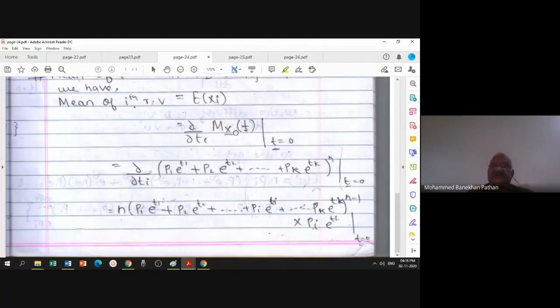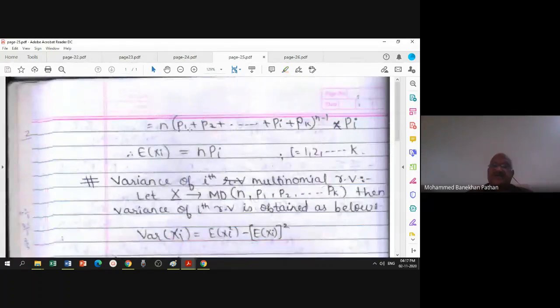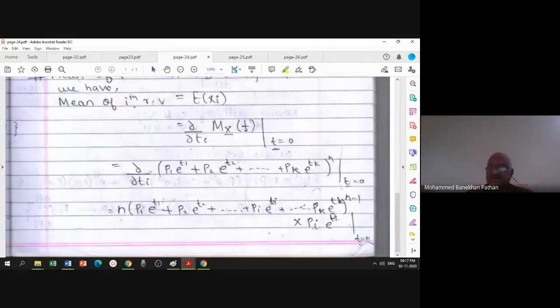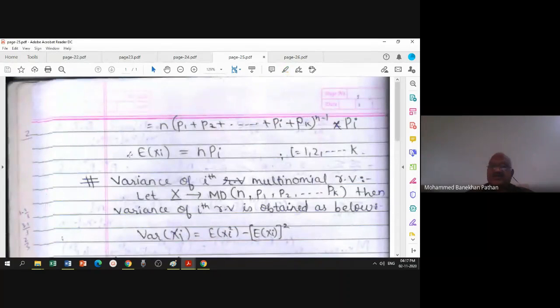So you get the next term as n multiplied by (P1 plus P2 plus dash dash Pk) complete power n minus 1, multiplied by just Pi, because here also t equals 0, so this gets cancelled. Therefore, the expected value for the ith variable is n times Pi. Where has this bracket gone?